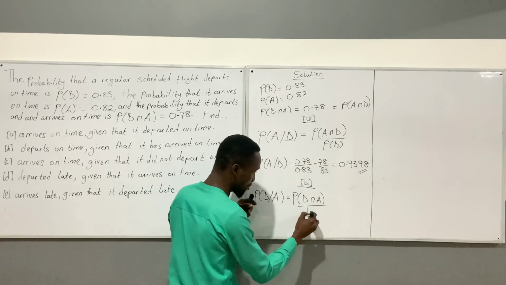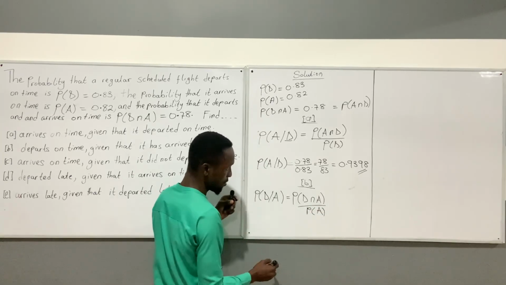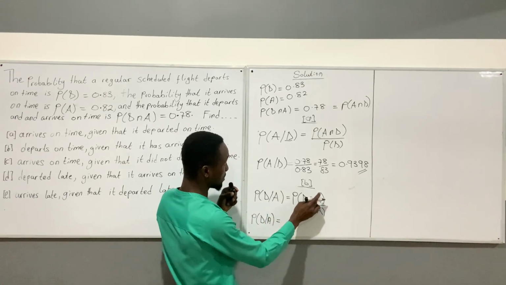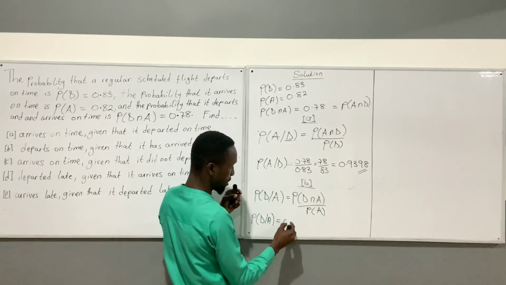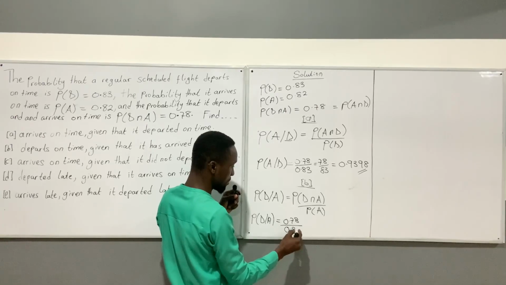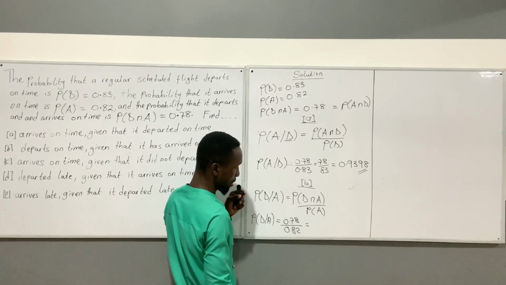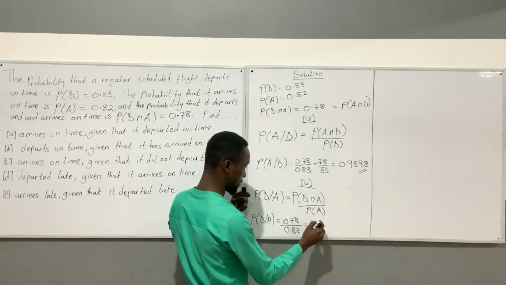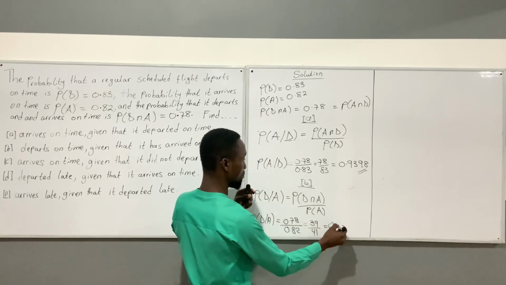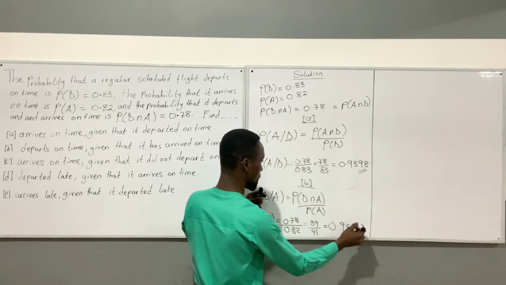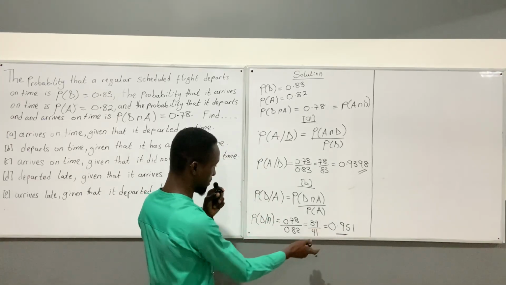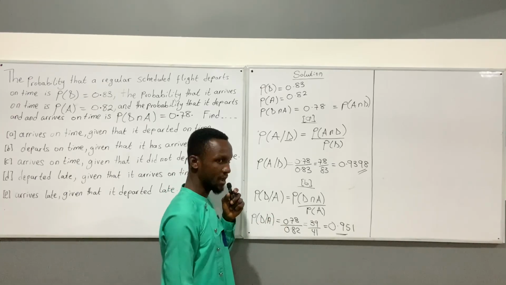It arrived on time, so P of A. When we divide this, P of D given A is the same as 0.78 out of the probability of A, which is 0.82. And when we divide this, we have 39 over 41, which is approximately 0.951. So that is the probability that it departs on time given that it arrives on time.